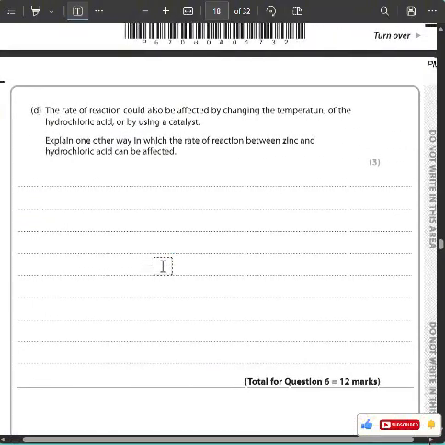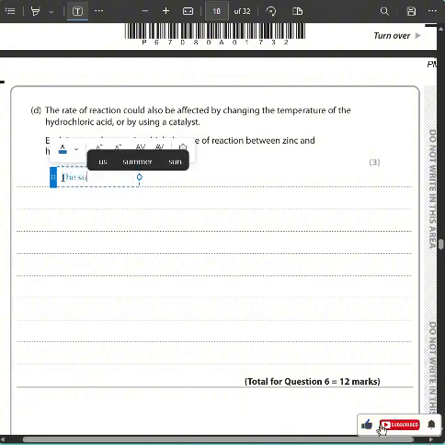Okay, the D1. The rate of reaction could also be affected by changing the temperature of hydrochloric acid or by using a catalyst. Explain one other way in which the rate of reaction between zinc and hydrochloric acid can be affected. The surface area.